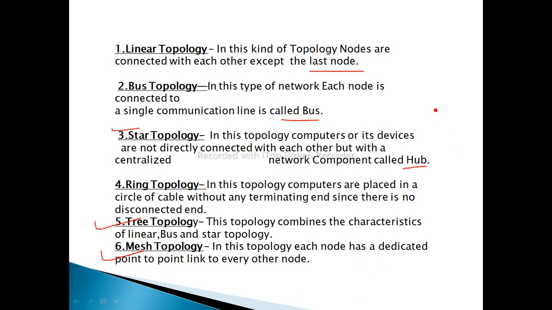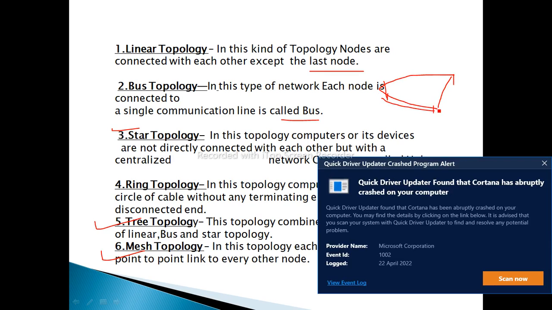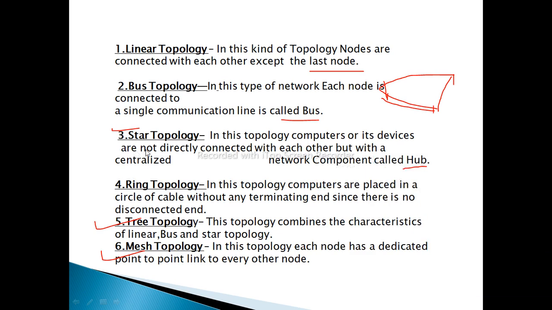Means each node, for example, this is a node, this is a node, this is a node. This will be connected to this also, and this will be connected to this also. All will be connected to each other. That is mesh topology.